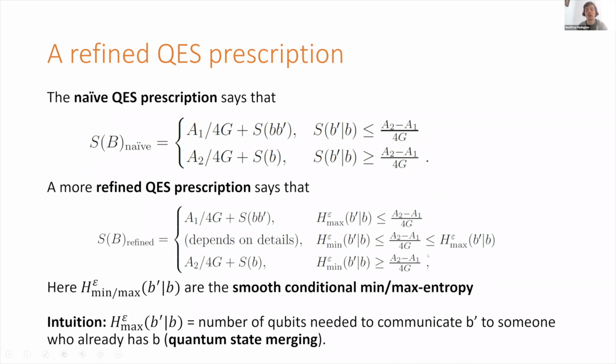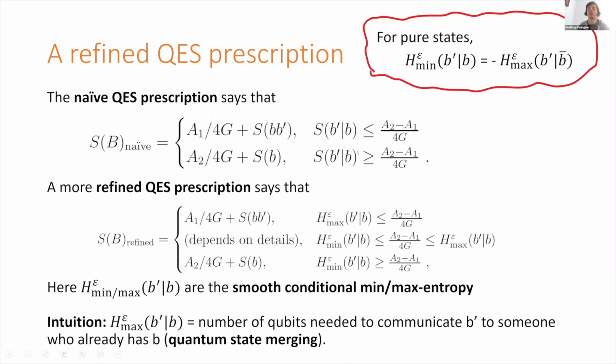What about this condition at the bottom here? Well, that actually has a pretty simple intuition for it, which is that for pure states, the conditional smooth min entropy of little b prime conditional little b is necessarily equal by definition to minus the conditional smooth max entropy of little b prime conditional little b bar.